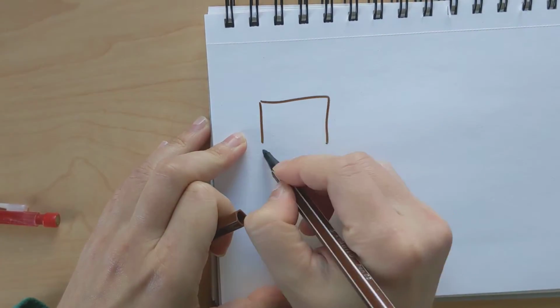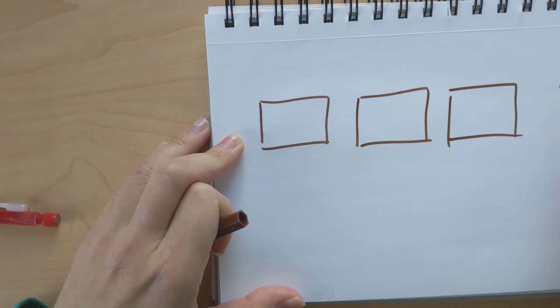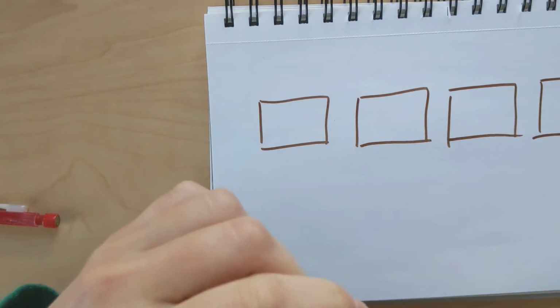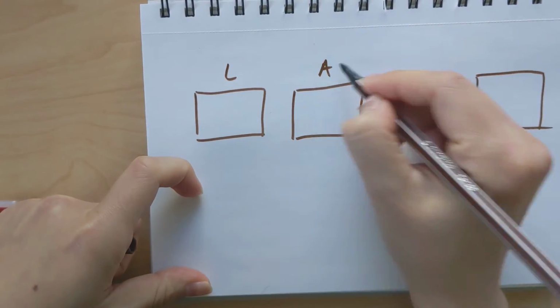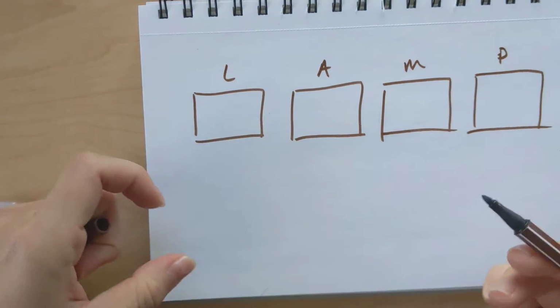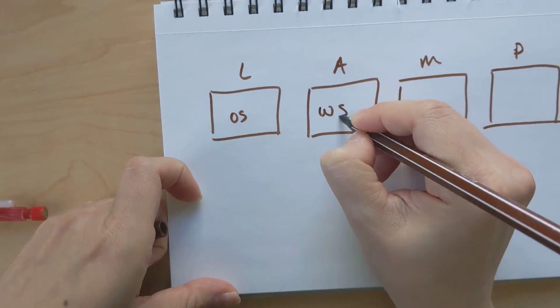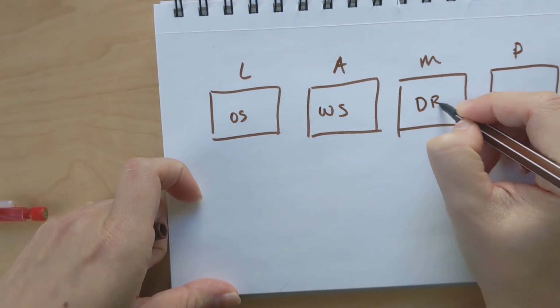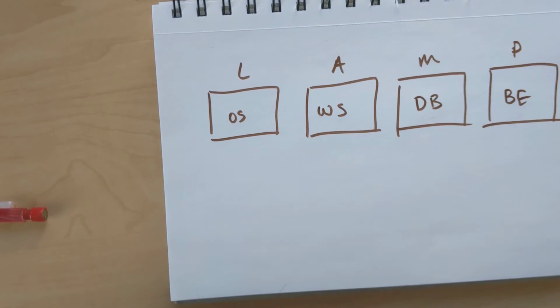We're all pretty familiar with the web stack, right? The web stack is a set of technology types that allows you to run a website. The most common one is the LAMP stack. And what this really is, is an operating system, a web server, a database, and then some back-end logic, right?